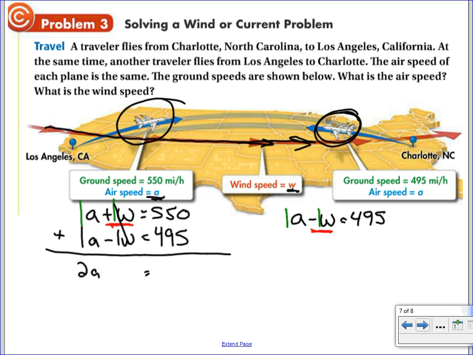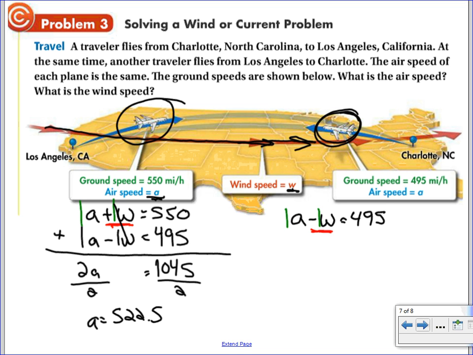And if we add that up, we get 1,045. 1,045 divided by 2, and we get A equal to 522.5.